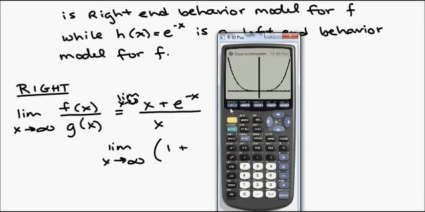So that should be 0, but let's confirm graphically quickly. So e to the negative x divided by x. Okay, and you can see that that goes to 0. So I'm on the line here, but it's really hugging the axis there.